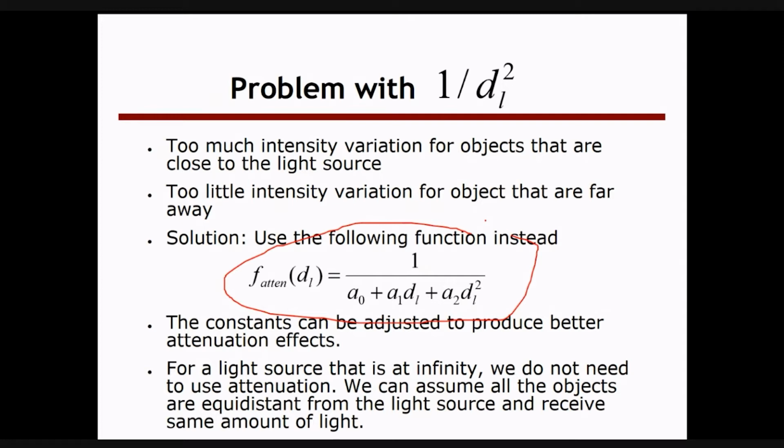For a light source that is at infinity, we do not use attenuation. We can assume all the objects are equidistant from the light source and receive the same amount of light. You might have a scenario where multiple objects are there, for example multiple trees in our application.